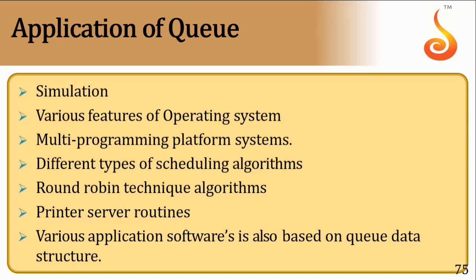For example, in a network, one or more systems and other network devices are connected. The simplest one is your printer, where different systems would have fired print jobs, and then they would be waiting in a queue to share the network resources. So queues are used in network communication systems.